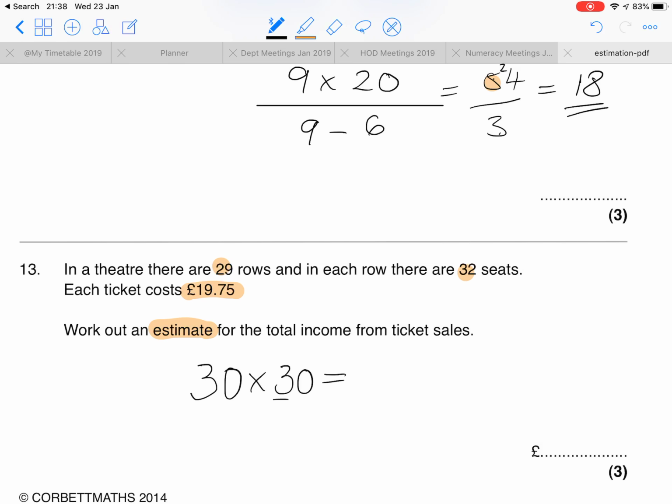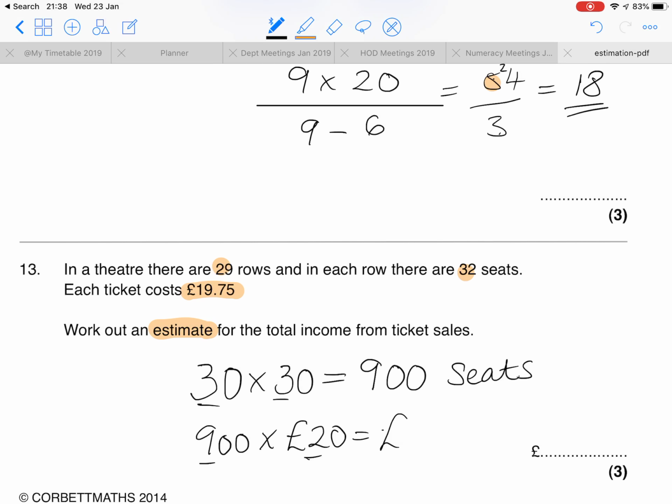I estimate that would be 900 seats altogether. I estimate that those 900 seats, the tickets will cost £20, nearest 10, 2 9s, are 18, 3 zeros.